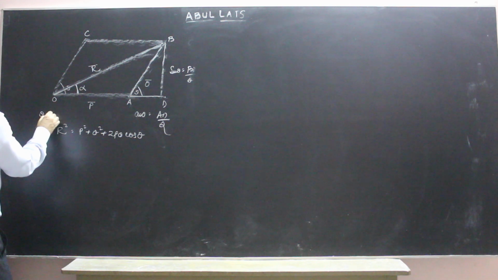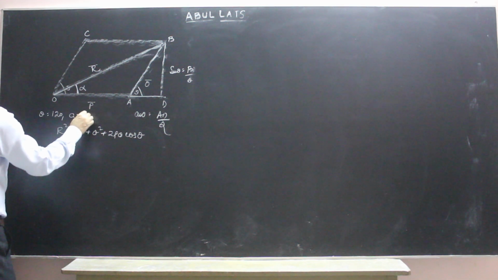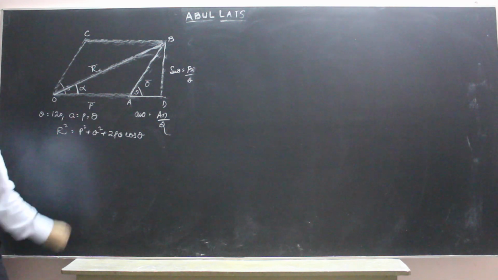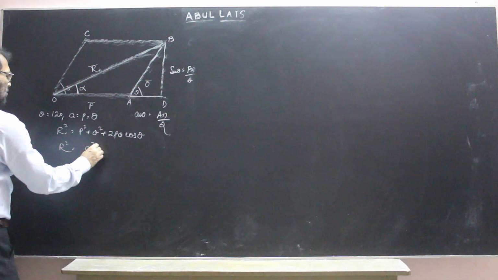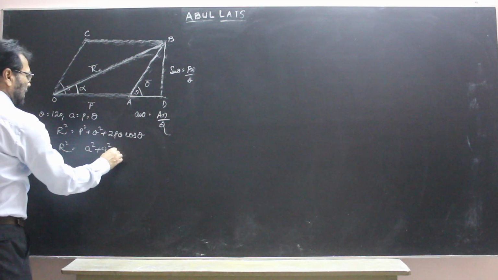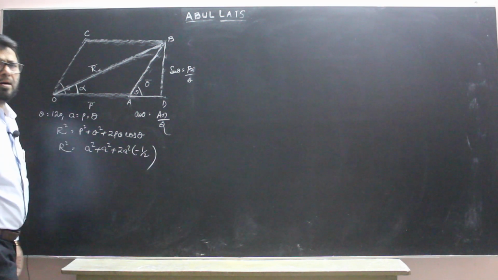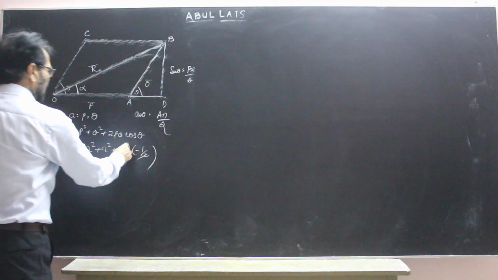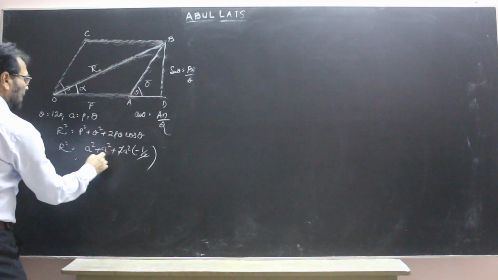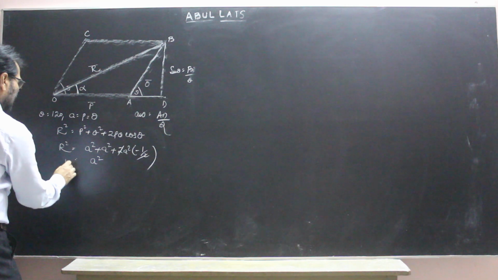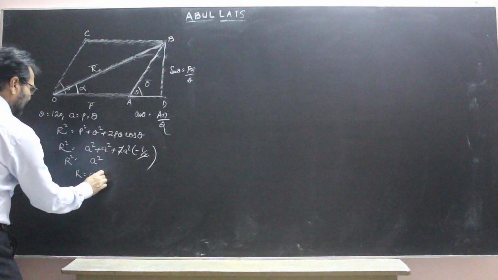In this condition theta is 120 and A is equal to P is equal to Q. So R square is equal to A square plus A square plus 2A square times minus half. Cos 120 is minus half. So it is A square plus A square, and this is minus A square. So R is equal to A.